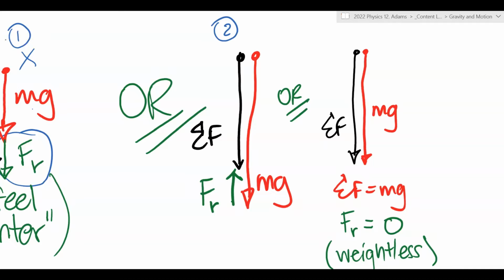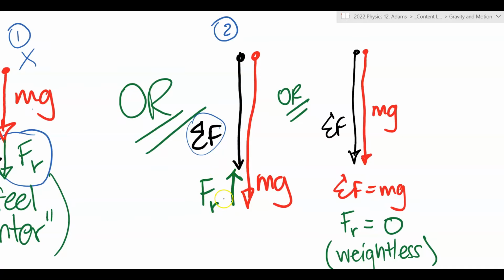Scenario 2 is you might be going slower, or you might be going in a larger radius turn where your weight force is bigger than the centripetal force requirement. So your reaction force is going to be upwards. Okay? So you will still feel lighter, but you need an extra reaction force.